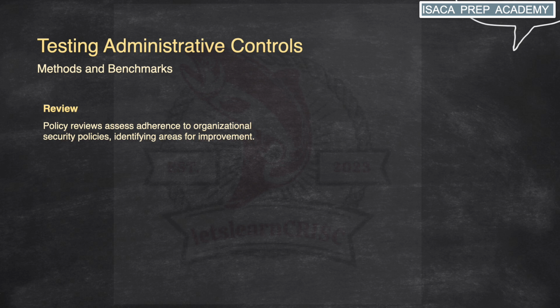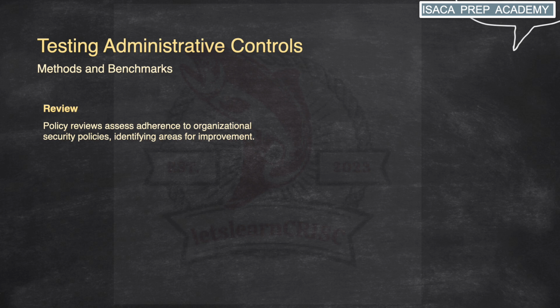Friends, policy reviews are an integral component of organizational security practices, providing critical assessment of adherence to established policies and procedures. These reviews systematically evaluate the implementation and effectiveness of security policies, identifying any deviations or shortcomings that may exist.